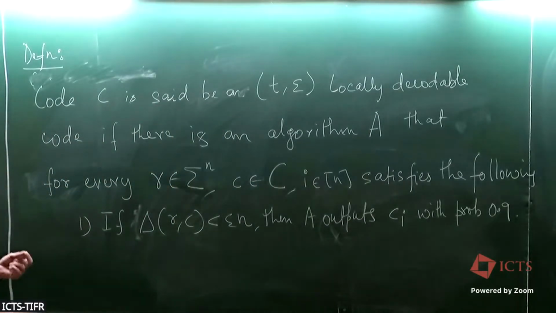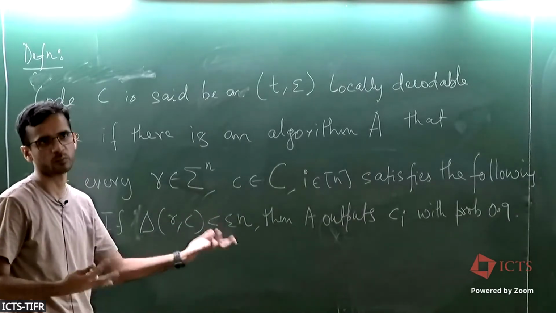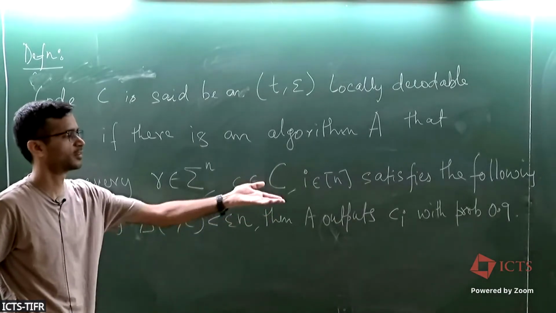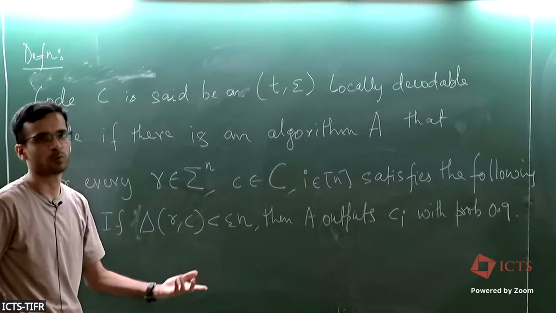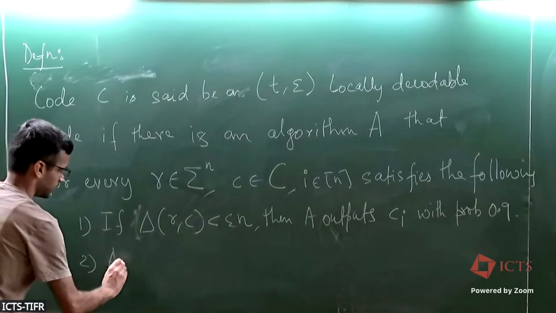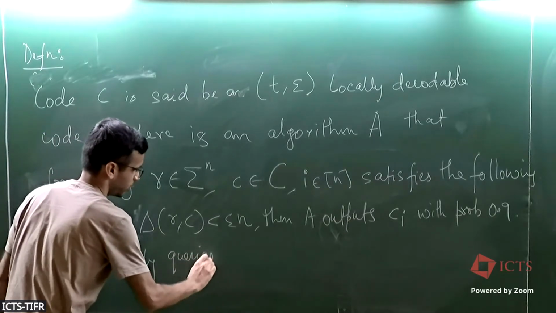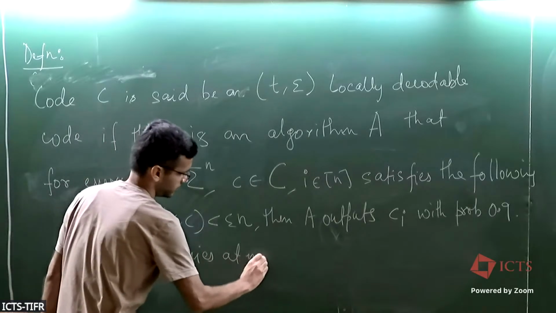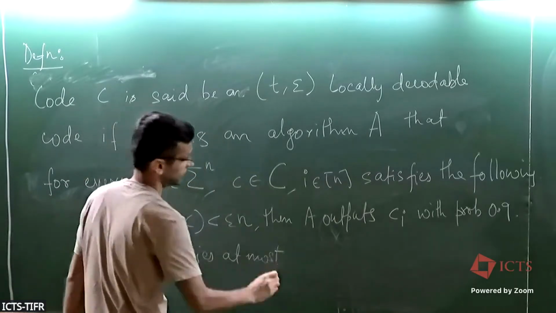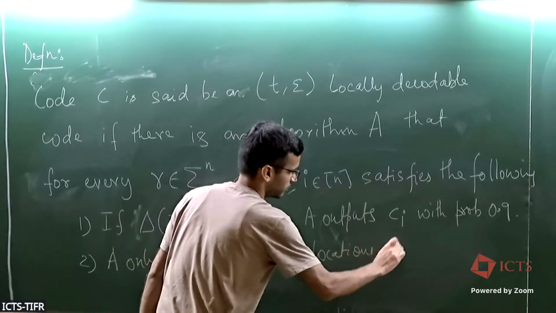So if the number of coordinates where R and C disagree is at most epsilon n, then A outputs C_i correctly with probability 0.9. And two is that A only queries at most T locations of R.